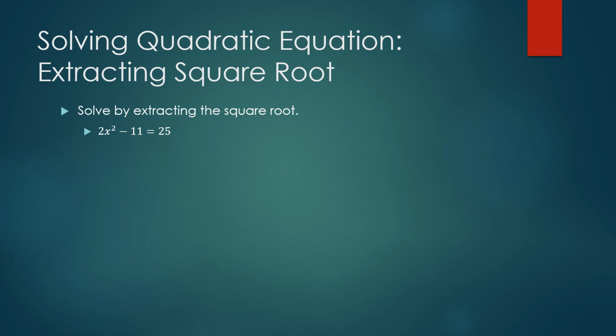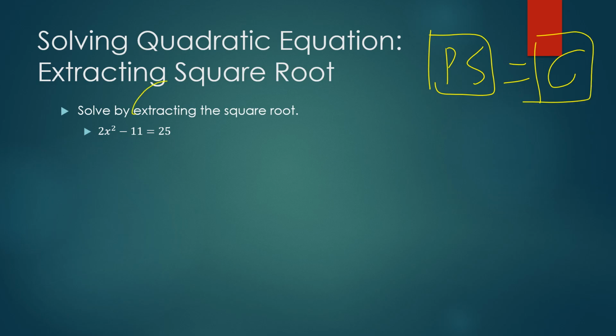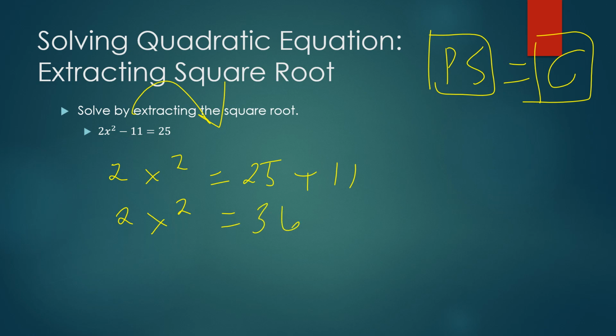Okay, so what do we do here? Again, the format is we have the perfect square here equals a certain constant here. So let's kick this out, put it there. So we'll have 2x squared equals 25 plus 11. So 2x squared equals 36. We need only the x value, we don't need the constant there.